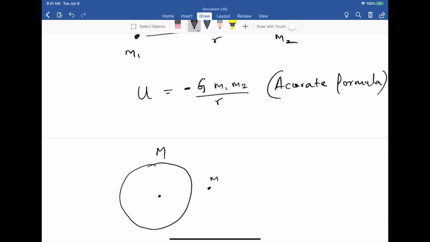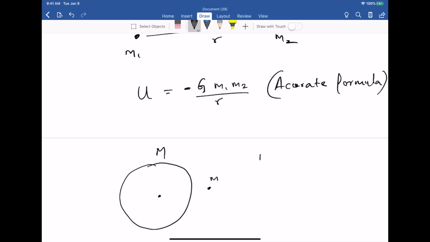Now, when we were working with mgh, you could choose the zero of potential energy wherever you wanted. We would usually choose the ground to be our h equals zero. But notice that you don't have that freedom in this formula. This formula has the zero of potential energy already built into it, right? So where is U going to be equal to zero? Clearly, when r is infinity.